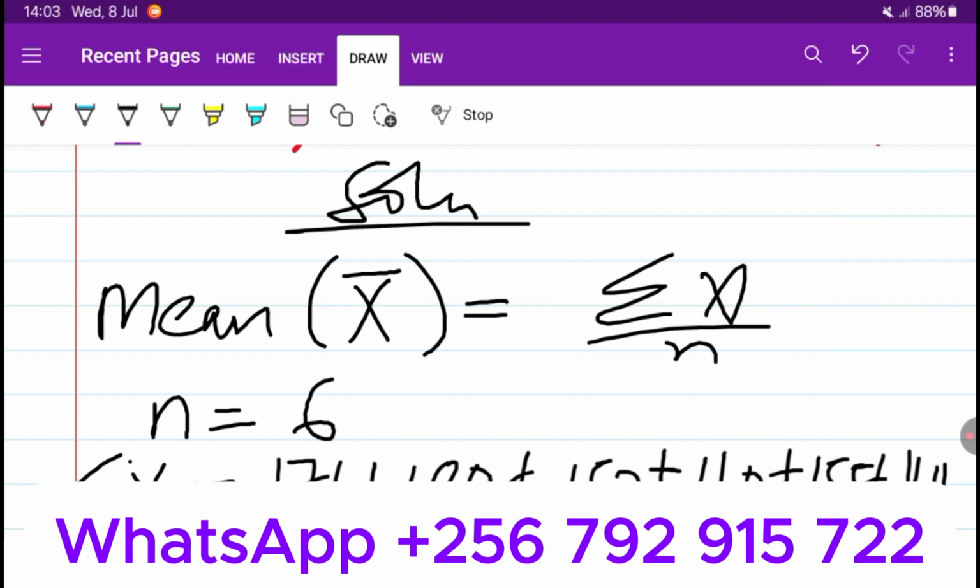So we get the total of that, and then we divide by 6.